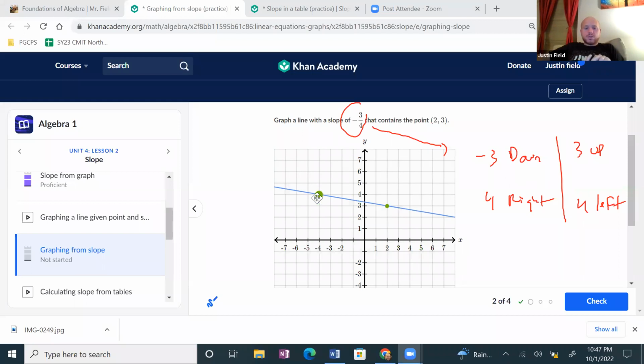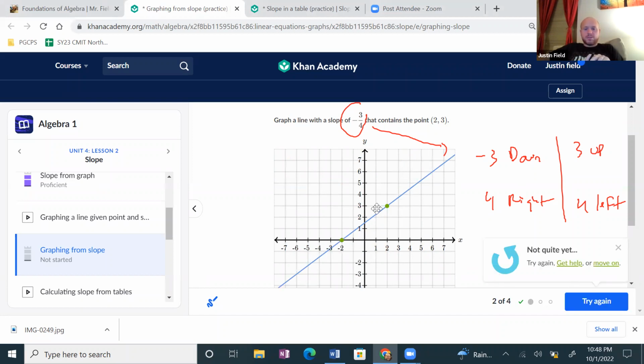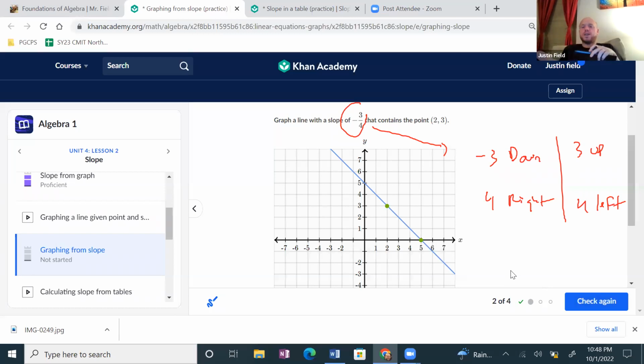So let's see. Can we go 3 down? 3 down, 1, 2, 3, and 4 to the left. Oh, we can easily do that. So, oh, did I mess it up? I did. I did go 4 to the right. I feel like I went 3 down, and 4 to the right. It says 4 to the right, doesn't it? Oh, Mr. Field. And see, I should have known that because the slope is negative. The line should look like that.